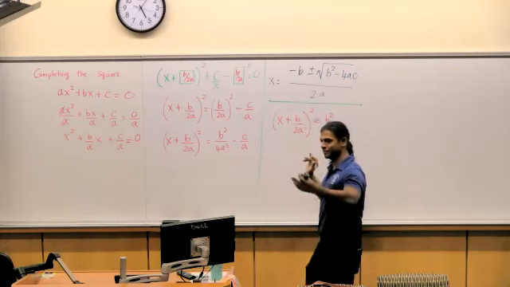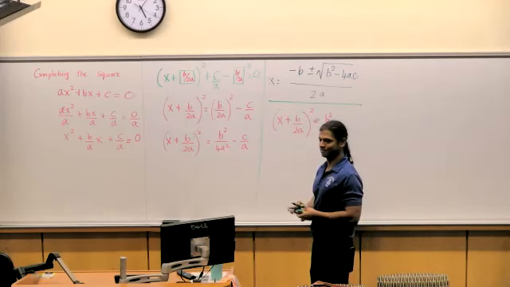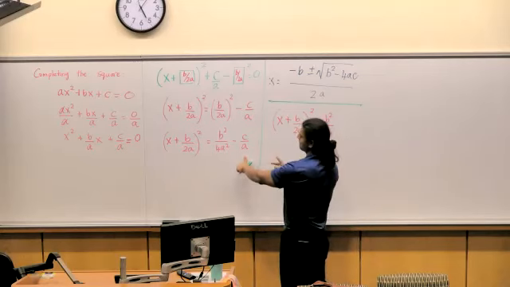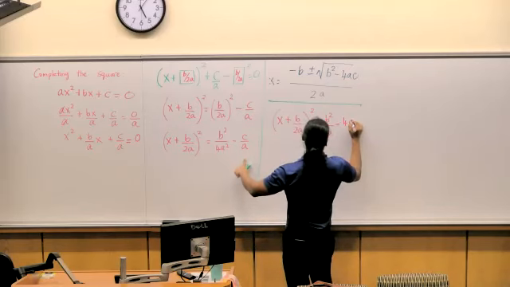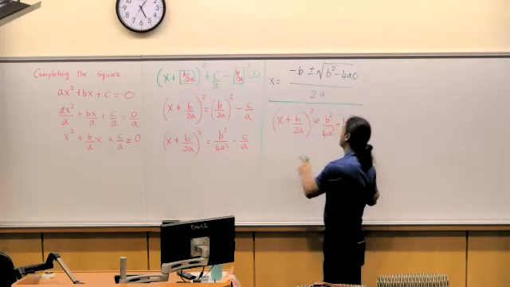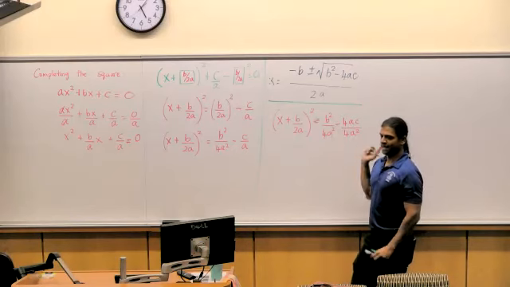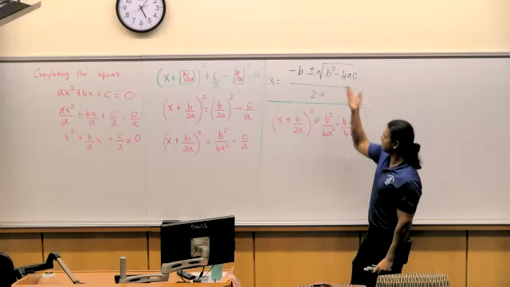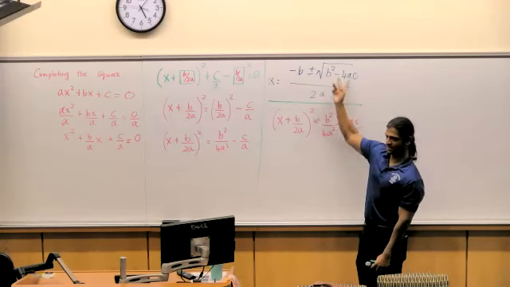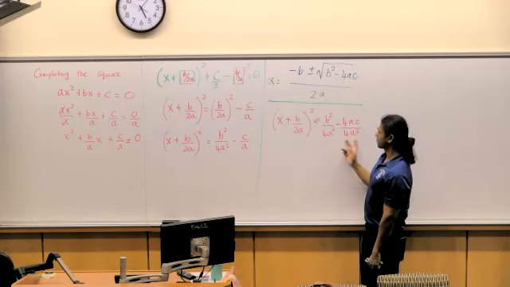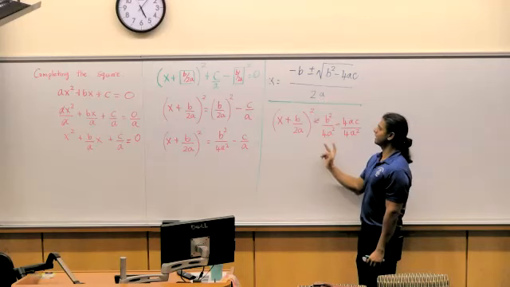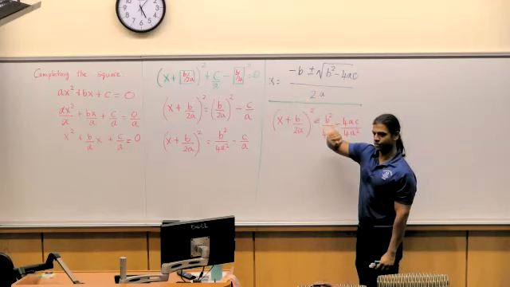What is the common denominator? 4a squared. I'm missing a 4a, so I'm going to multiply and divide by 4a. 4a times a is 4a squared. Now we have a common denominator. Do you see bits and pieces popping up? There's b squared minus 4ac. The square root of 4a squared is 2a. When you move this b over 2a to the other side, you will get minus b over 2a.